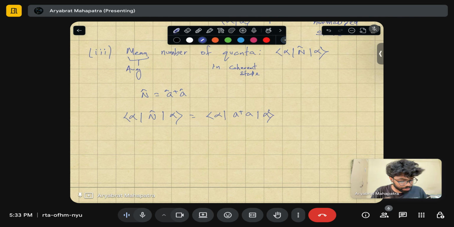From the definition of coherent state, with which we started our discussion, we know coherent states are the eigenstates of the lowering operator: a of alpha is equal to alpha of alpha.